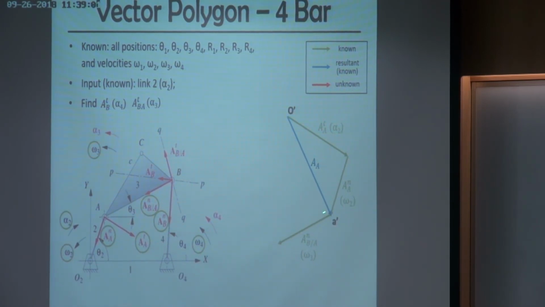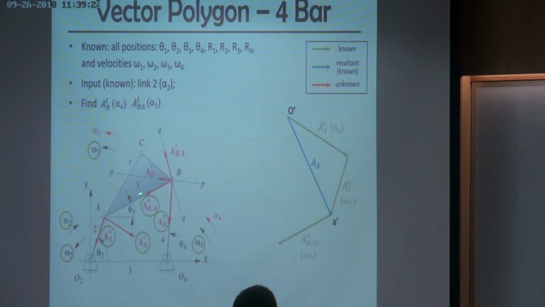You can get this one right after we've done the velocity analysis. And ABA, because it's centripetal acceleration, we know it's pointing from point B to point A. So you see it's the arrow here, pointing from B to A.